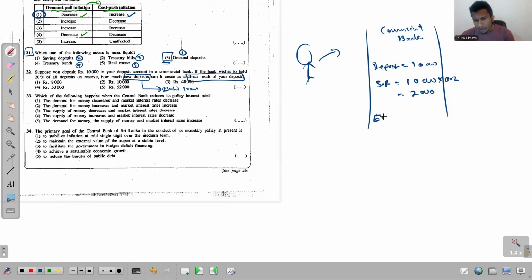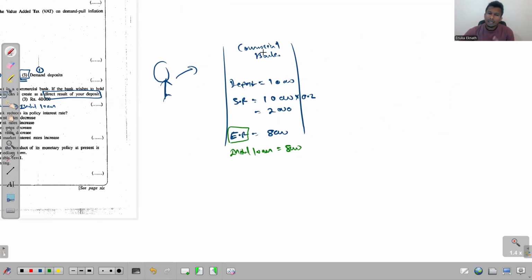So the excess reserve is 8,000, and this excess reserve is the initial loan that can be provided by this commercial bank. So let me write, this is equal to the initial loan that is provided by this given commercial bank. That's 8,000.